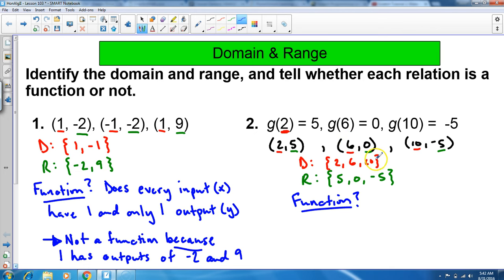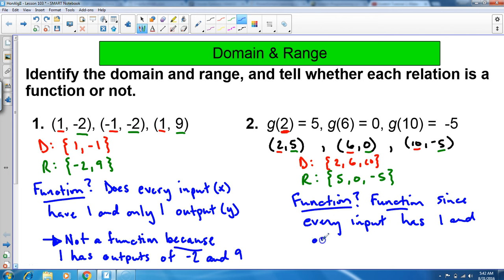That's the only one, and same thing with 10. 10 maps to negative 5 and only negative 5, so our answer is this is a function, since every input has one and only one output.